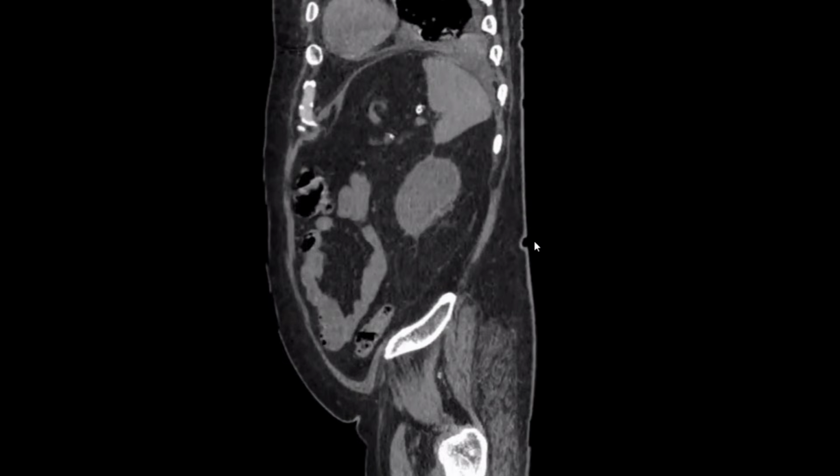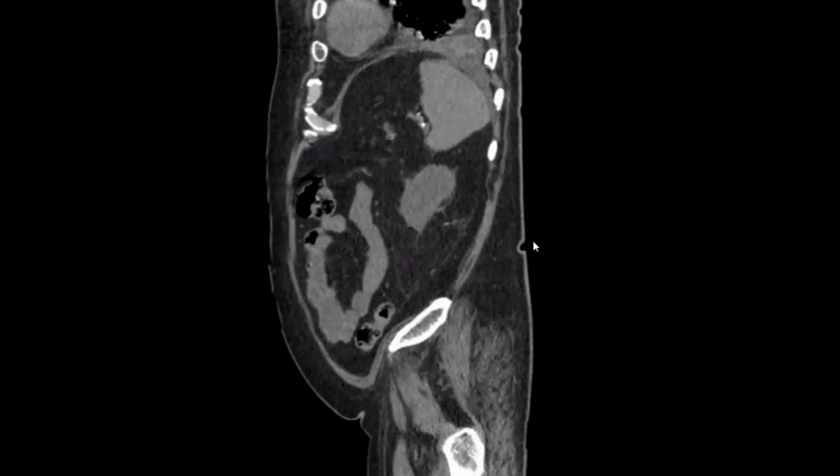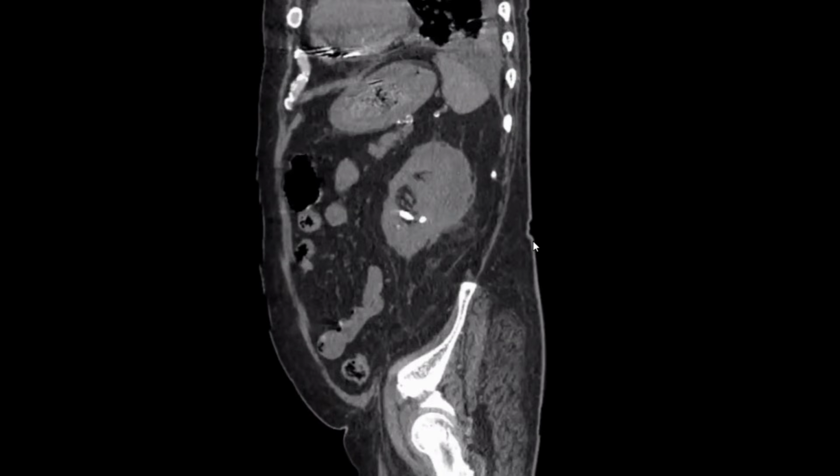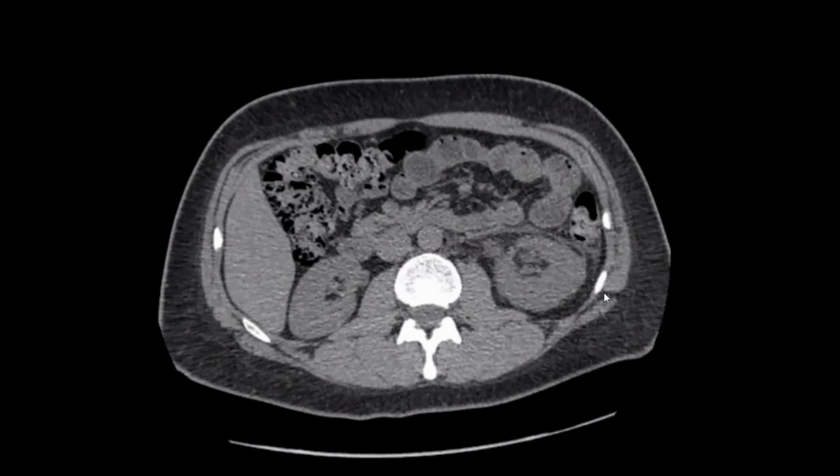In the sagittal plane, you can find a U-shaped configuration. It consists of the anterior renal fascia and posterior renal fascia, and this plane is the common interfascial plane, as you can see here. So this is the posterior pararenal space, while all of this space is perinephric space.